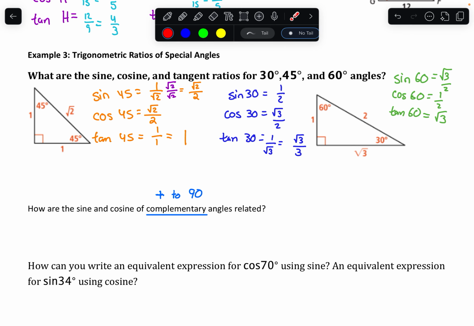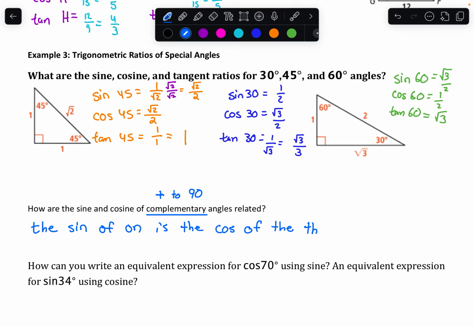It's like they traded. That's the pattern we want you to notice, and we want to write that down. The sine of one is the cosine of the other.